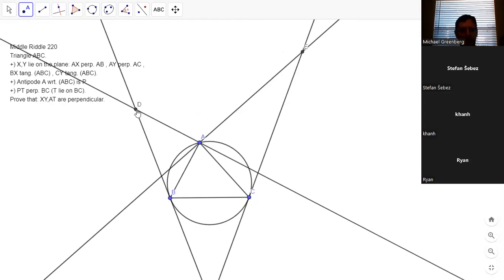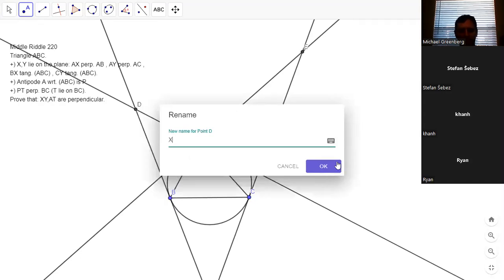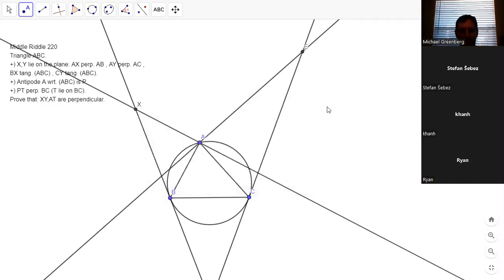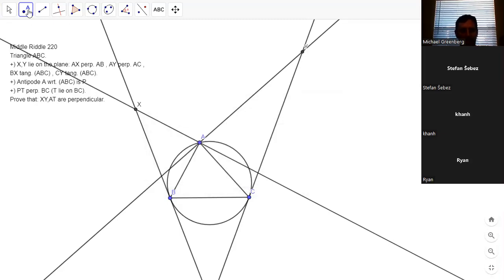Then we draw the antipode of A. So X, Y. Draw the center of this circle and reflect A over that.